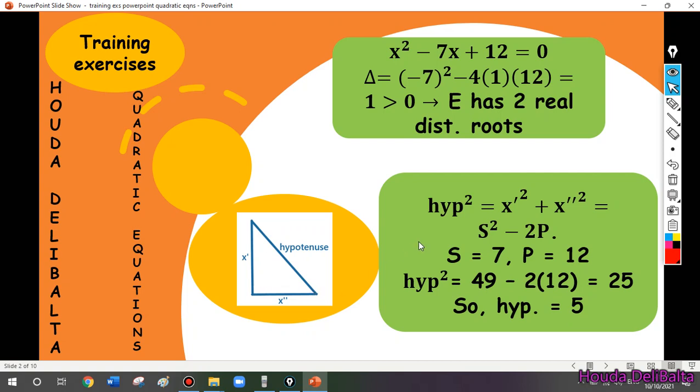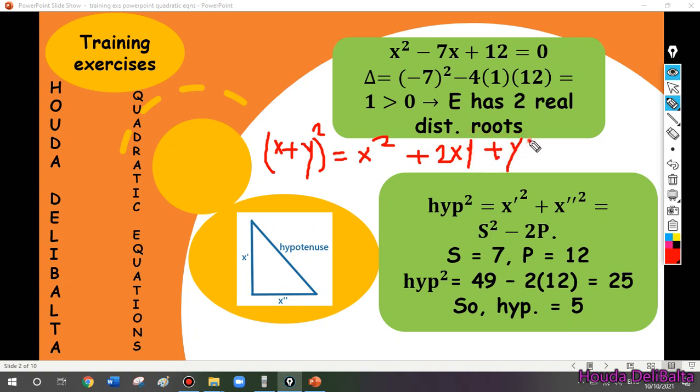That's Pythagoras theorem. Now, for x prime squared plus x double prime squared, if you remember, we have that rule that says (x plus y) squared is equal to x squared plus 2xy plus y squared. All of us know it.